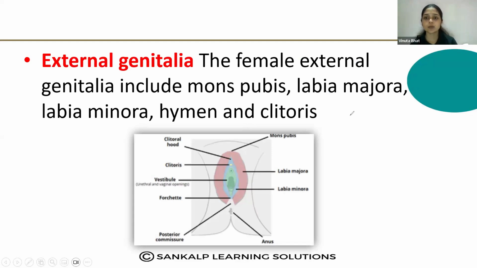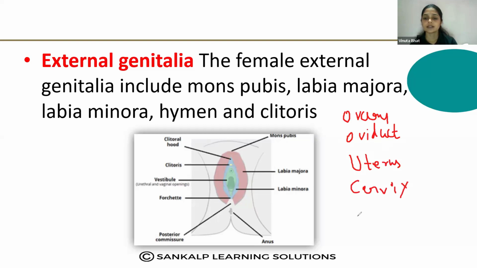Mainly the female reproductive system contains a pair of ovaries, then the oviduct, that is also called the fallopian tube, then the uterus, then the cervix, then the female external genitalia, and the mammary glands are also associated with the female reproductive system, right?